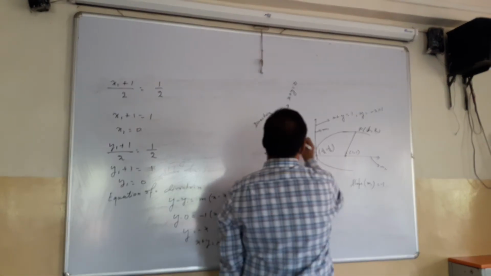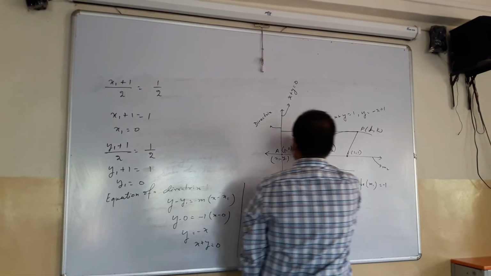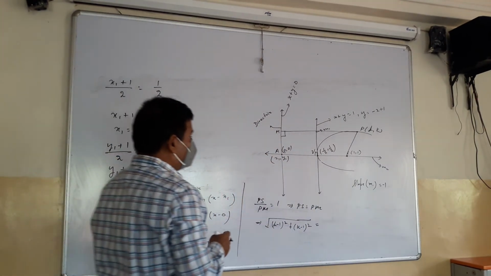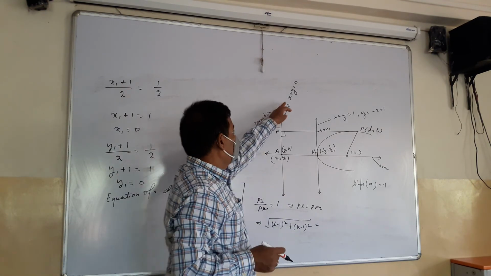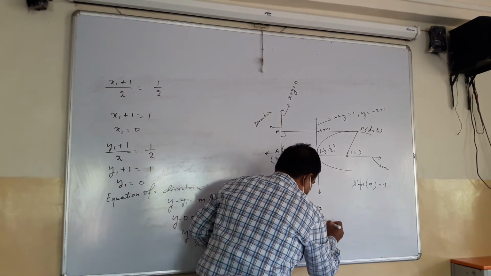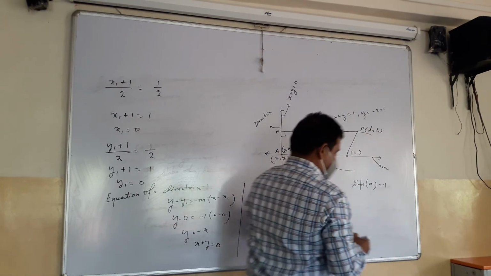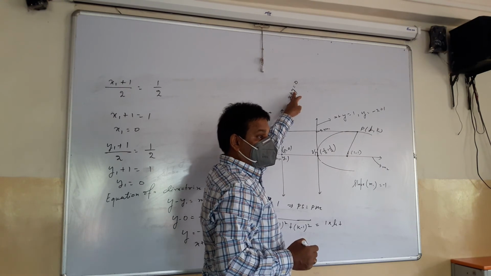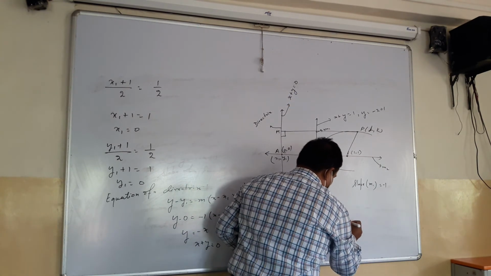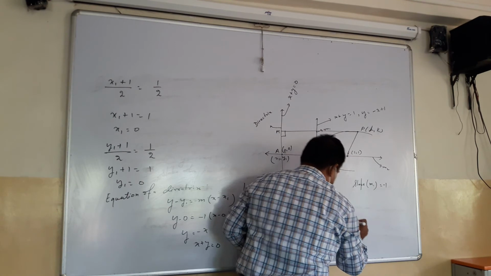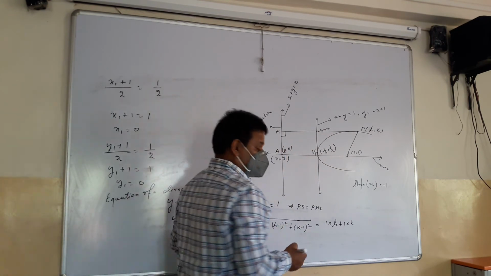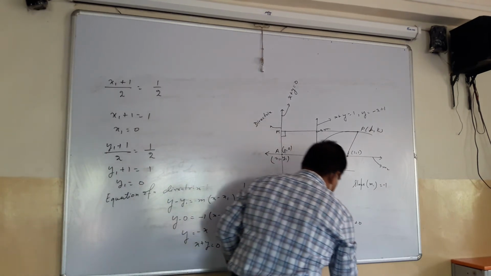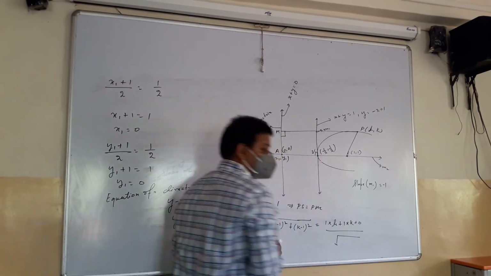Draw the perpendicular here, this is M. Using the perpendicular distance formula: A x1, A is 1, x1 is h, plus B y1, B is 1, y1 is k, plus C, C is 0, divided by the square root of A square plus B square.